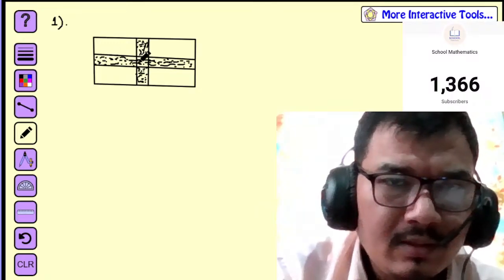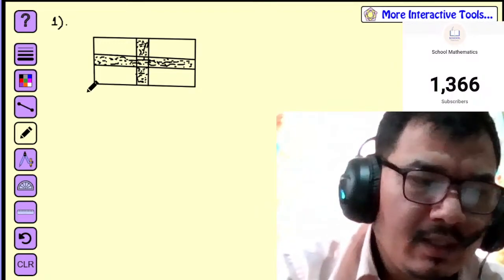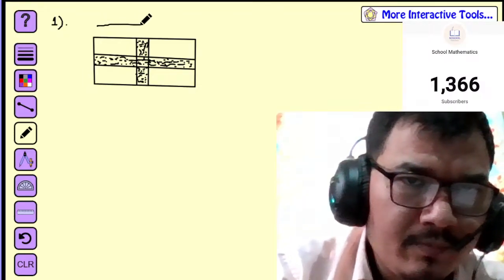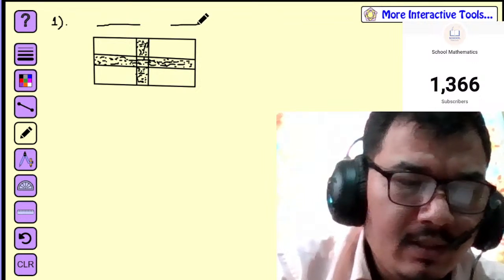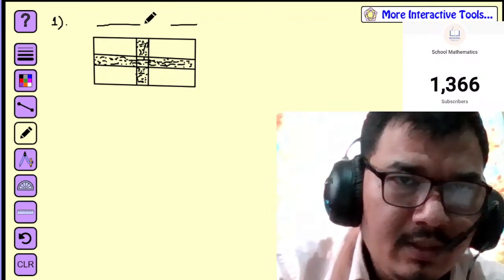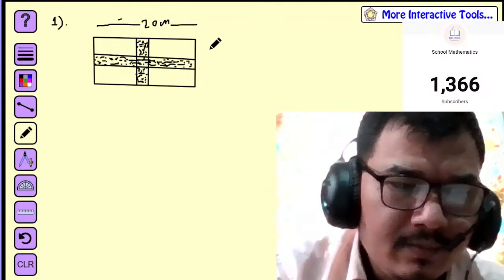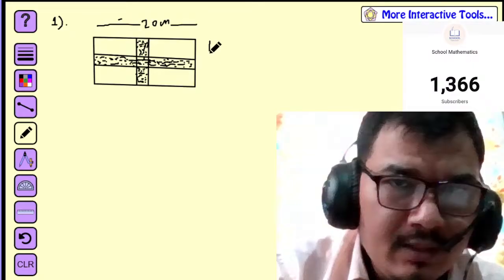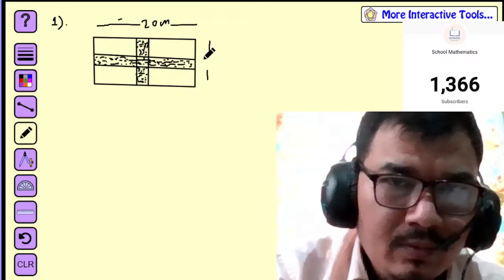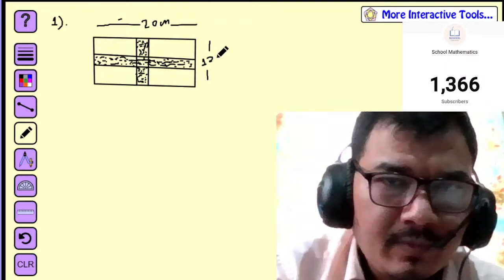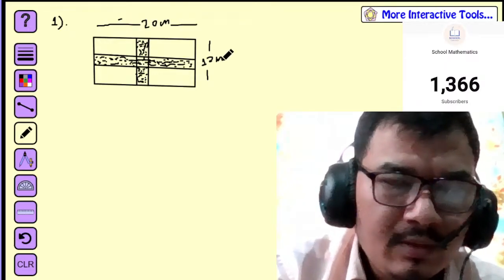cross paths here, right? And other measurements also we can tell from here. This length is given there as 20 meter, and this breadth part is given there as 12 meter.